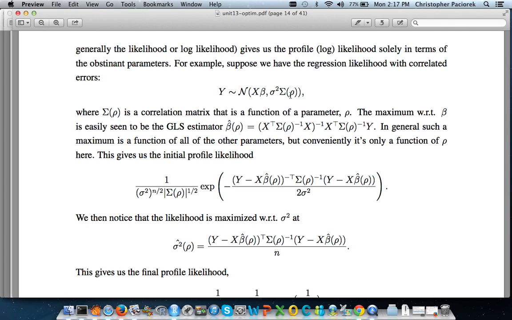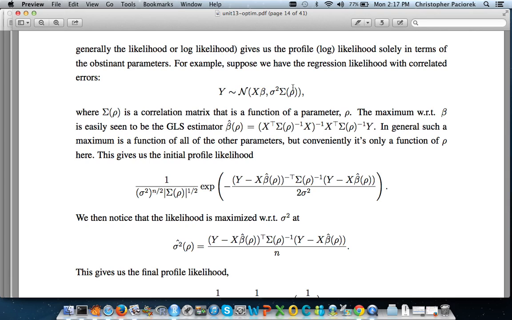Those epsilons might be autocorrelated in this sequence, which might be time itself. So I might have a model that says the covariance of those errors has some correlation structure, and I'm going to parameterize that with this sigma matrix. But that sigma matrix is going to have rho in it, and rho is going to be my unknown parameter.